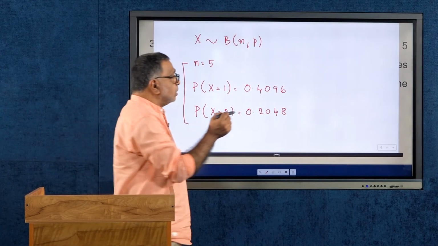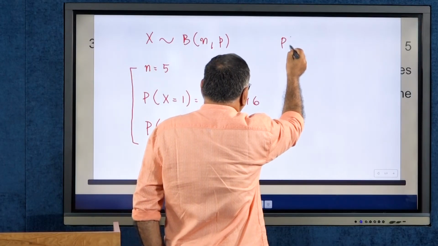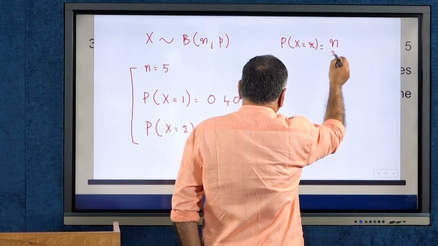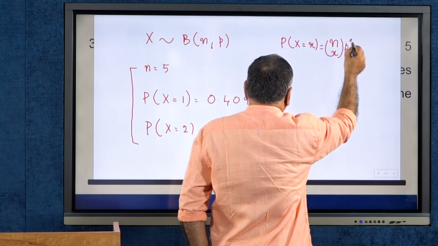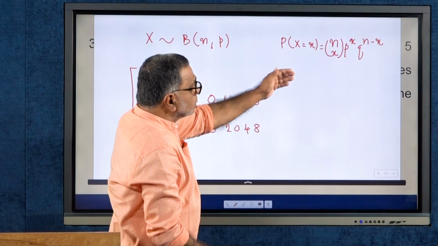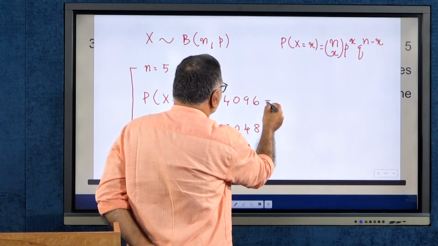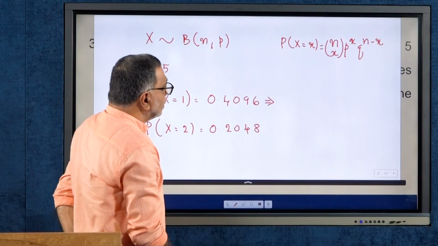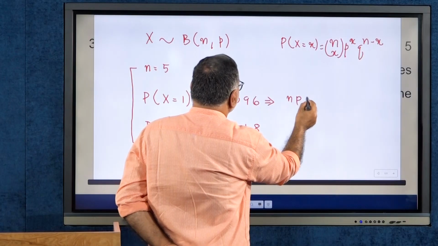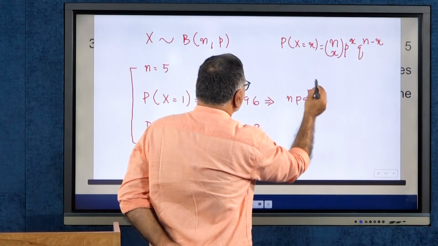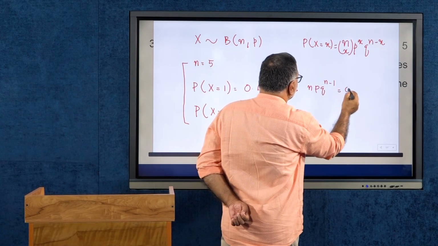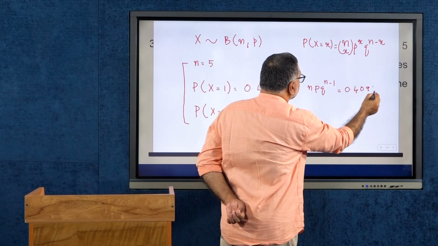So again you know the probability of x equal to x is our nCx p^x q^(n-x), the general expression. On the basis of that general expression, this converts to probability of x equal to 1, that is n p q^(n-1), equal to 0.4096.